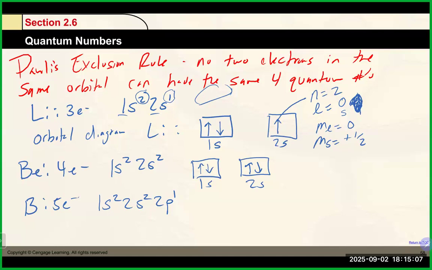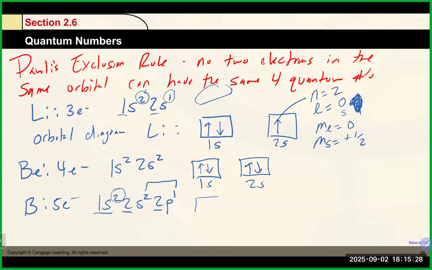How many electrons on the second energy level now? It is 3, yeah. These are both on the second energy level, and on the first energy level, we still only have 2 in this particular case.